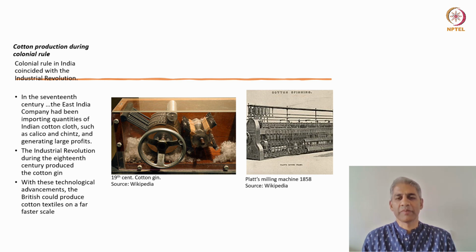Because remember, in India, the textile production was all done by hand, whether it's the extraction of the lint from the seed, or it's spinning into a fiber, and then finally the weaving of the fiber into cloth.